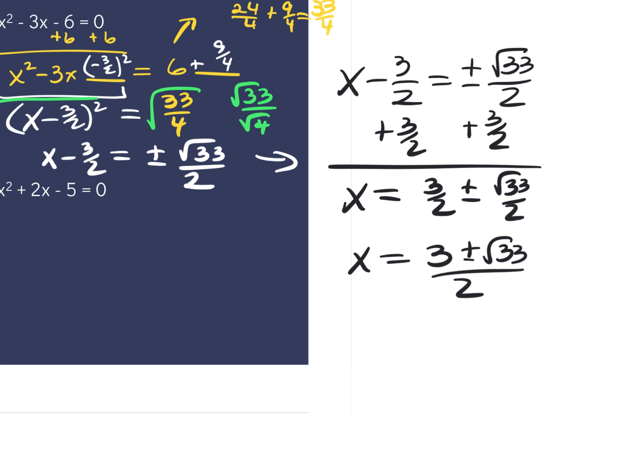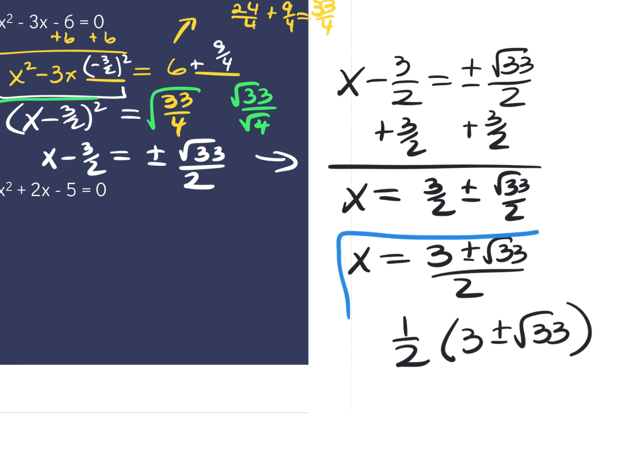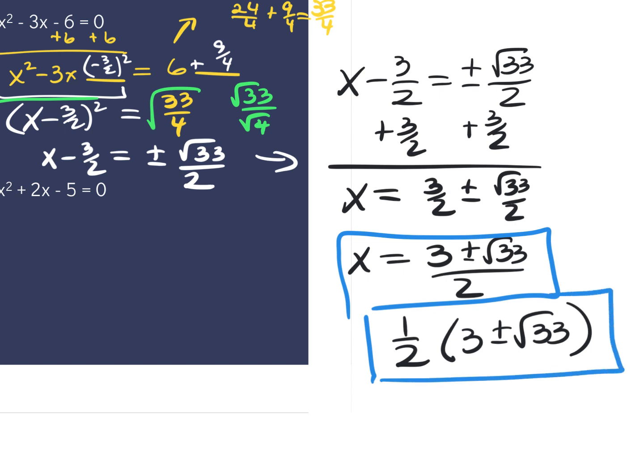Or WebAssign wants you to pull it apart. Now, another thing you could do is you could factor out this 2, or you could make it 1/2 times 3 plus or minus square root 33. Just be able to recognize all of these answers. Okay, this would be another way to write it.